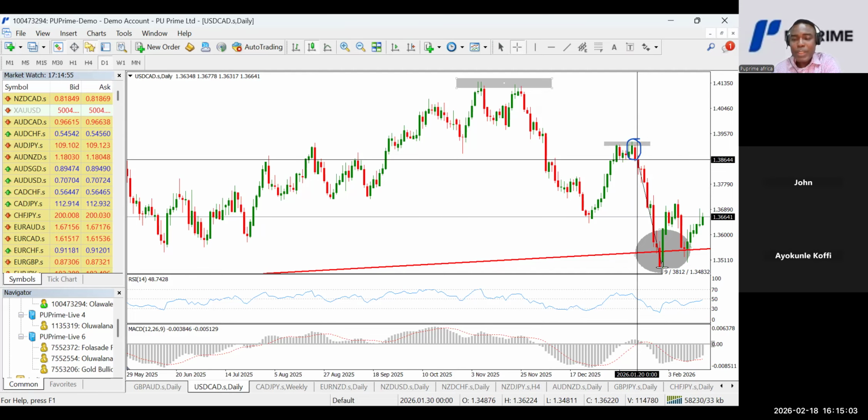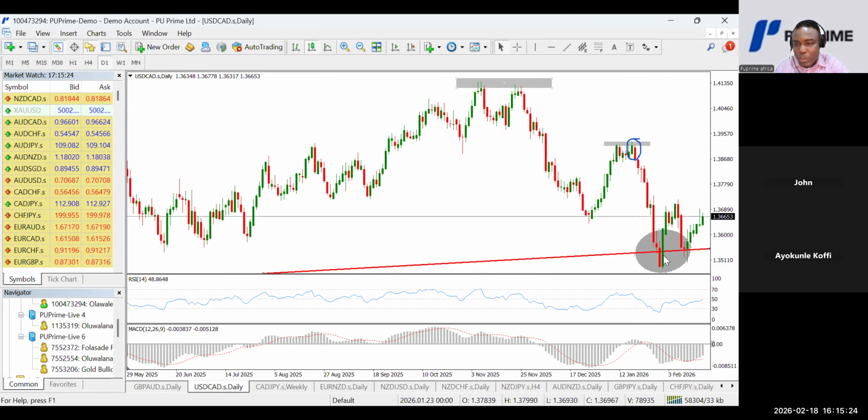Now, this is possible again because it's a daily time frame. You can have such a massive move, which can take days. But if it's on a 1 hour, probably some 30, 50, 60 pips is actually possible on the 1 hour time frame. All right. So that's the power of a bearish engulfing candlestick pattern. You can see two examples right there. Now, the next one here is a bullish engulfing candlestick pattern.